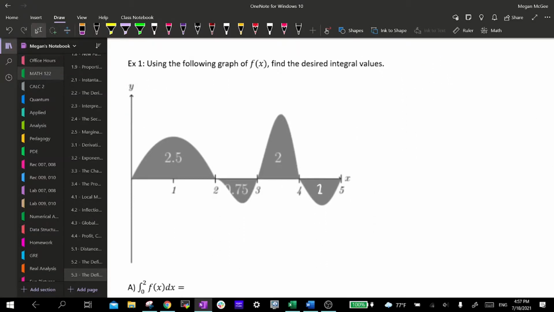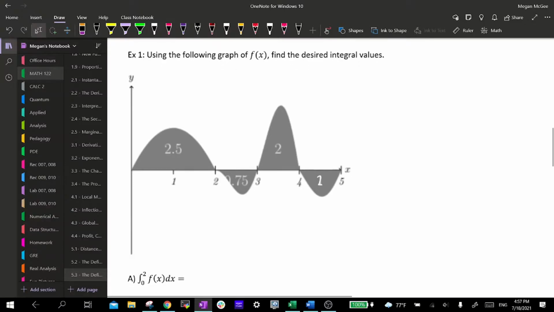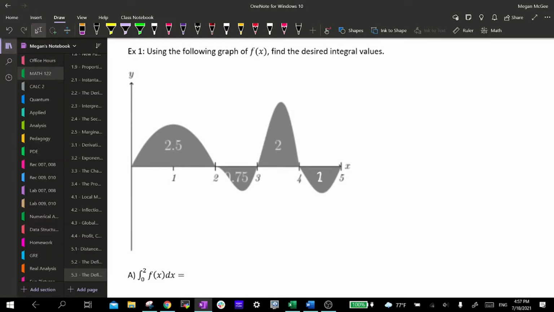So we want to use the following graph to find the desired integral values. And our first one, part A, is the integral from 0 to 2 of our function. So 0 is not labeled, but it's this point over here. Okay. And so we are looking at this shaded region. So we are looking from 0 to 2.